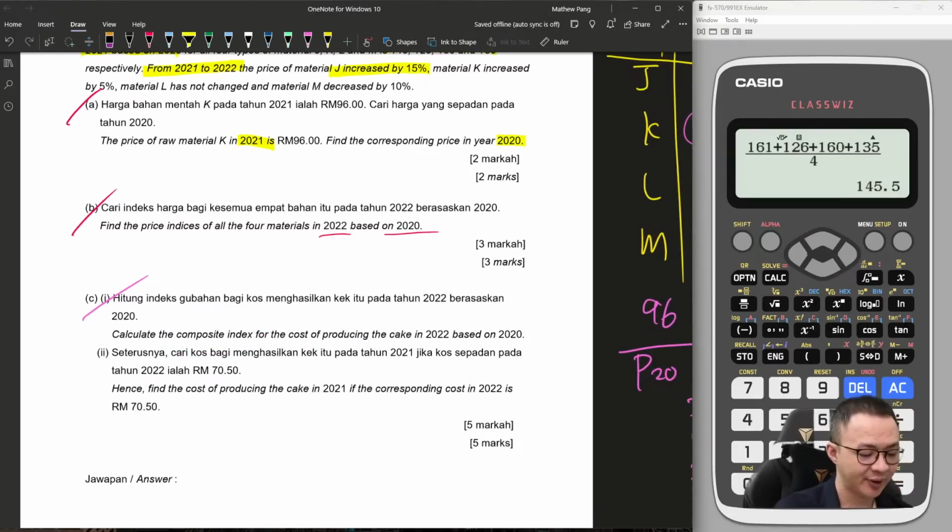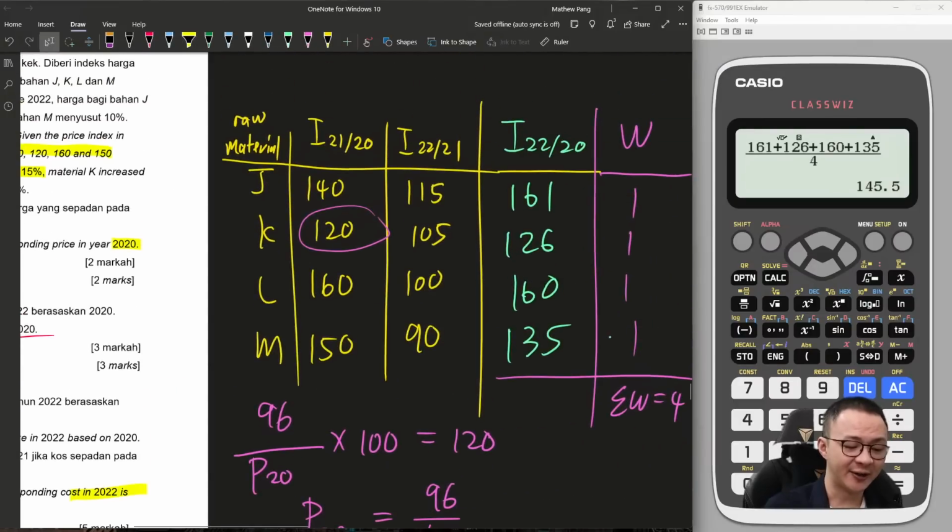Part 2. Find the cost of producing a cake for 2021 if the corresponding price for 2020 is 70.50. The challenging part of this question is that right now they're talking about the cake. We don't have the composite index for the other 2 index years, right?